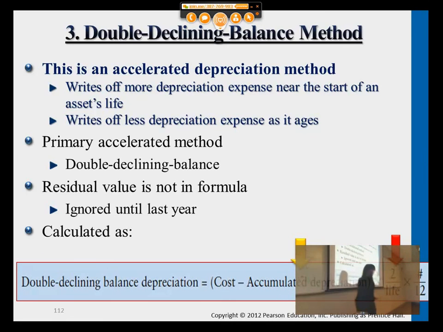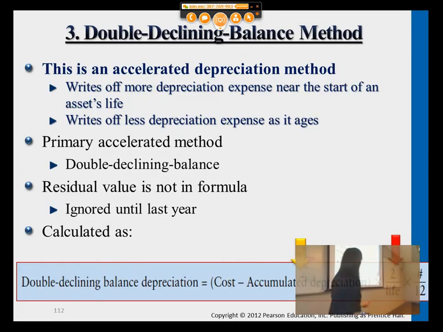So that 2 there basically is why we call it double declining. If you look at an example here, it's very close to straight line because we're spreading it along the years, but then times it by 2. So meaning that if earlier straight line gives you 8,000 depreciation, this one will give you 16,000 depreciation in early years.